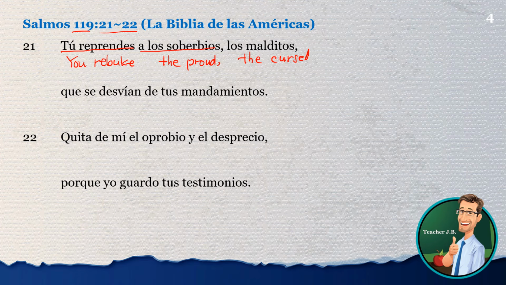Que se desvían, who stray from your commandments. That is from your commandments. Commandment.